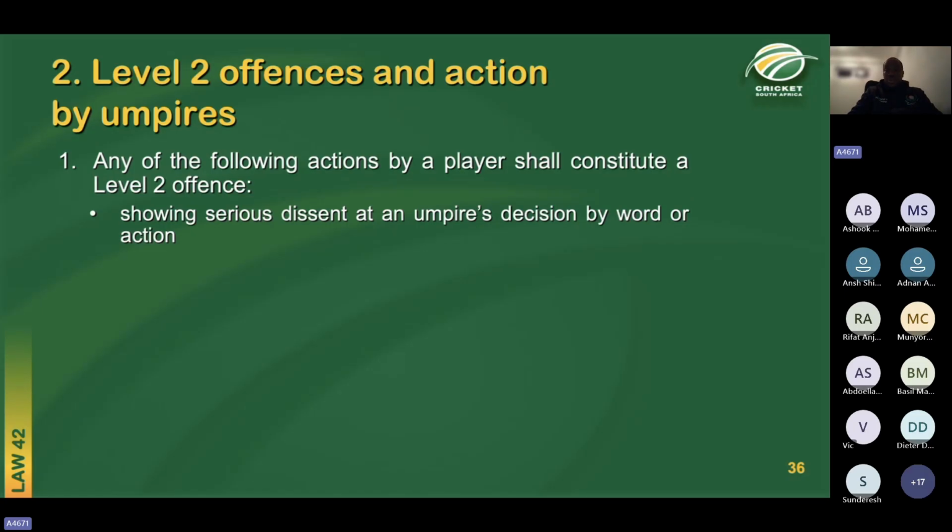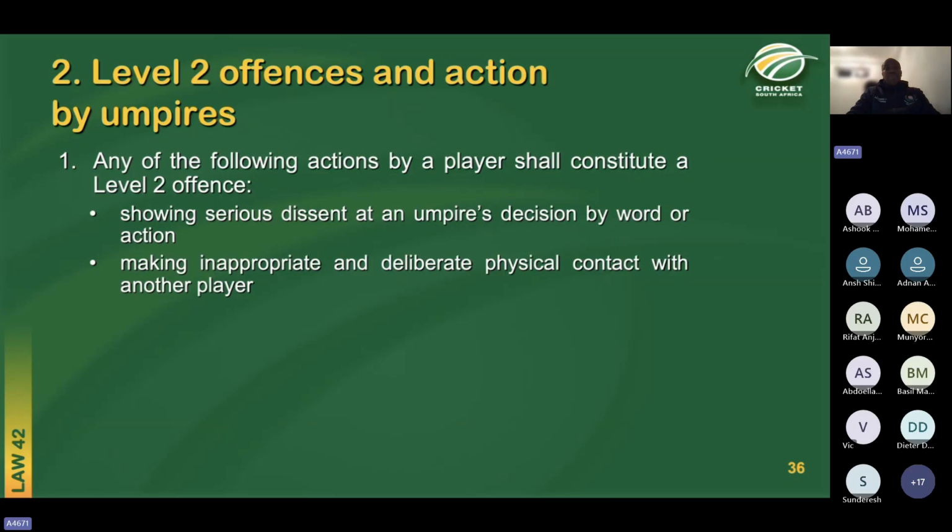That you need to discuss maybe before the game, or if you have an instance of dissent, then you can come together straight after it's happened, discuss how you feel, whether it is a level 1, a normal dissent, or level 2, serious dissent.